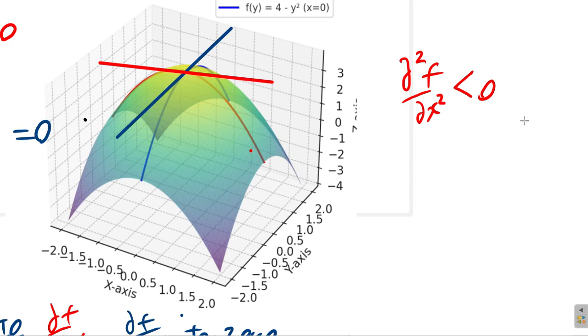In other words, it is negative. Now what about delta square f by delta y squared?